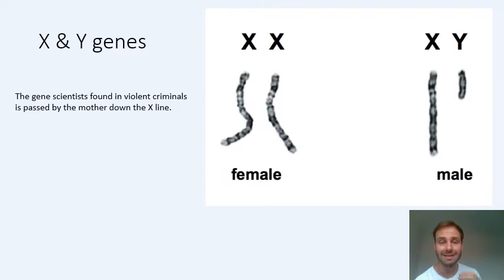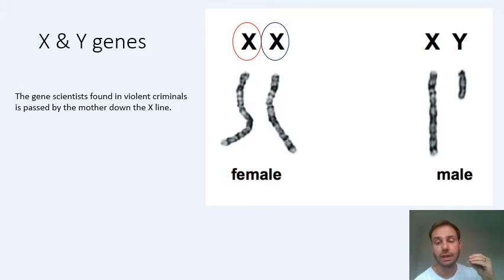Now that means the following: if this particular gene is passed down to a female, so the red line indicates the crime gene, then she also has another line of X genes, which could be good ones, so-called, which would balance out the bad one.